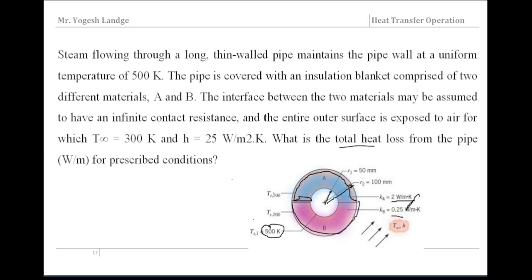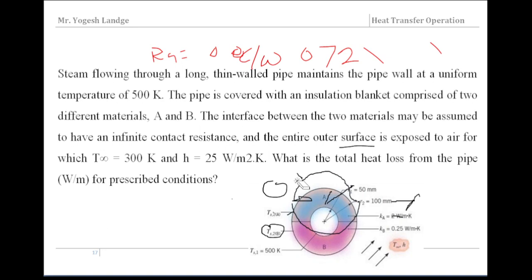Here they asked two things. One is the total heat loss from the pipe, and the other is the temperature at the surfaces, the temperature here and here. It is clear that there is heat transfer through the pipe, and we want to know the heat loss from this pipe.